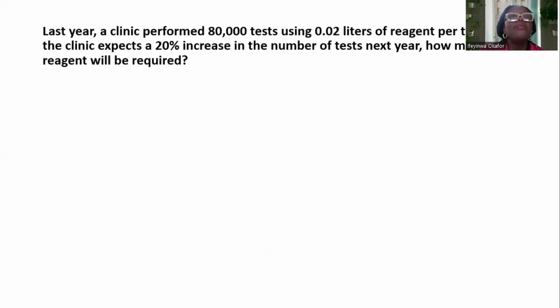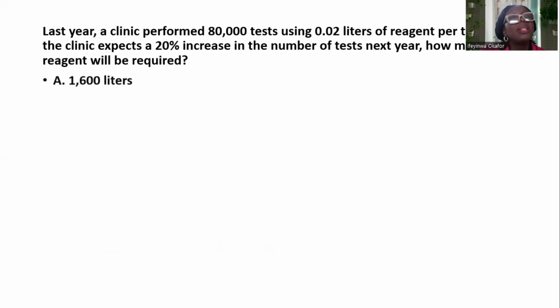Last year, a clinic performed 80,000 tests using 0.02 liters of reagent per test. If the clinic expects a 20% increase in the number of tests next year, how much reagent will be required?